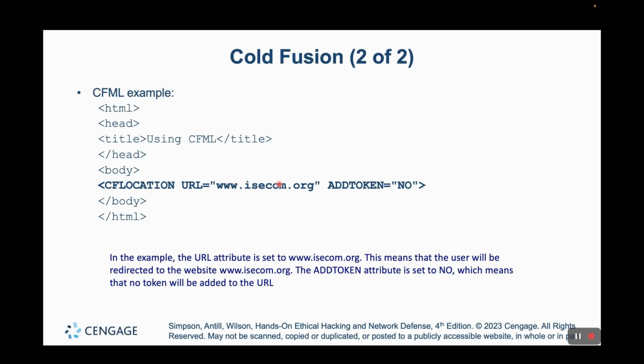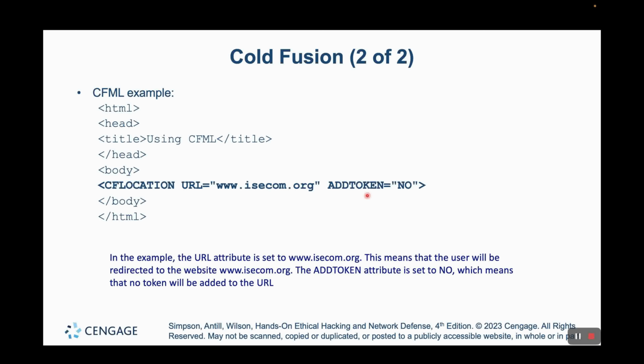This means that the user will be redirected to the website you see on the screen here. Now, the ADDTOKEN attribute is set to no, which means no token will be added to the URL.